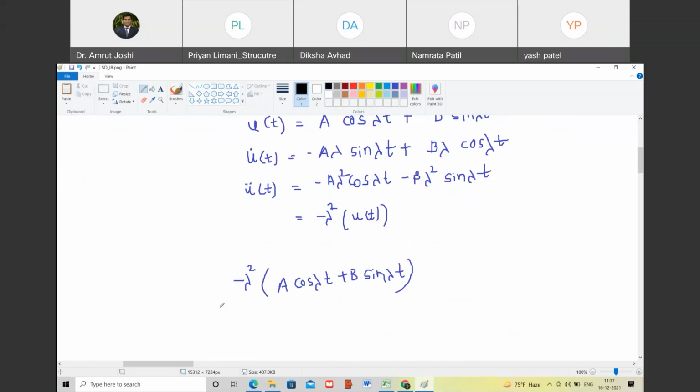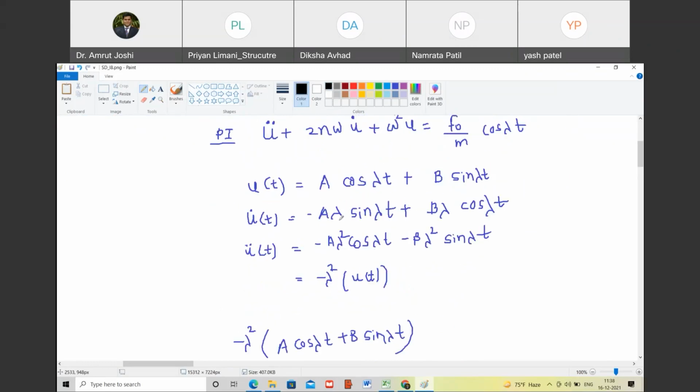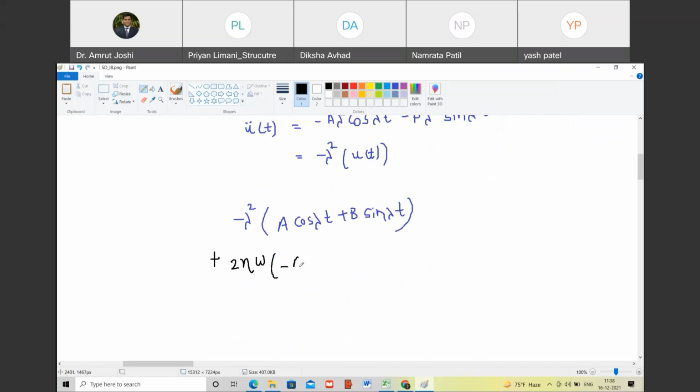So I am going to write down each term separately, plus 2 eta omega. बोलो क्या लिखूं? U dot of t. So what is u dot of t? Minus a lambda sin lambda t plus b lambda cos lambda t. Do you agree with me?